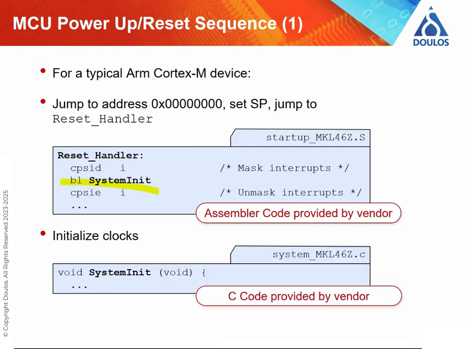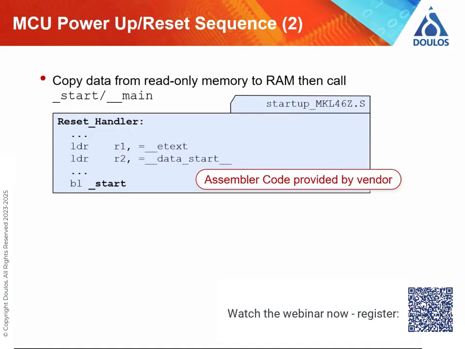The system init function is also going to be provided by the vendor, and it will do things like initializing the clocks and getting the other hardware ready to start executing code. The reset handler itself might do things like copying data from read-only memory into RAM.